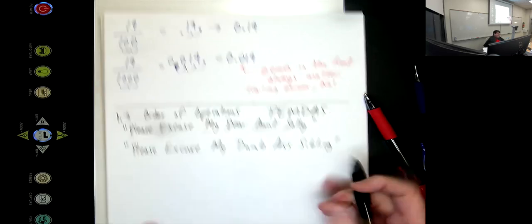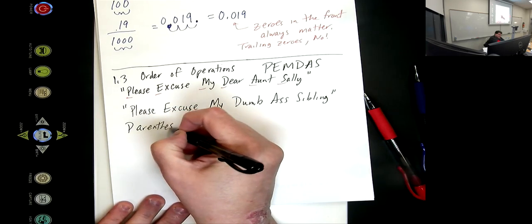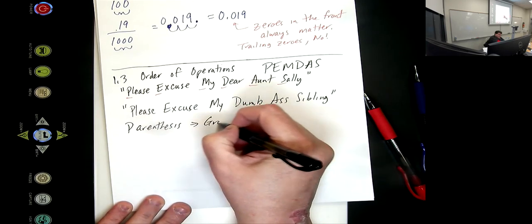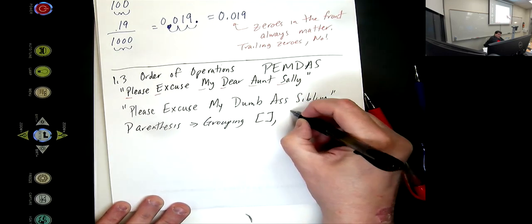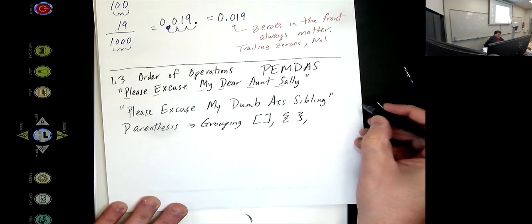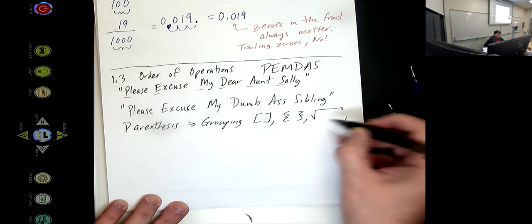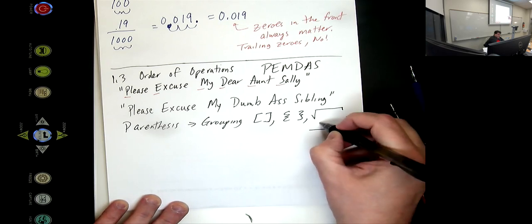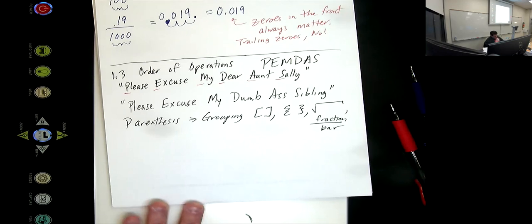The idea is P is for parentheses and other grouping things like brackets, curly braces. The radical sign is a grouping symbol. Fractions, the fraction bar is a grouping symbol.